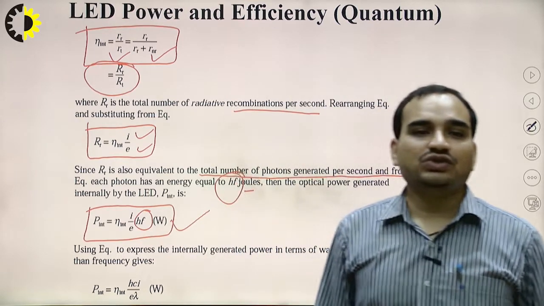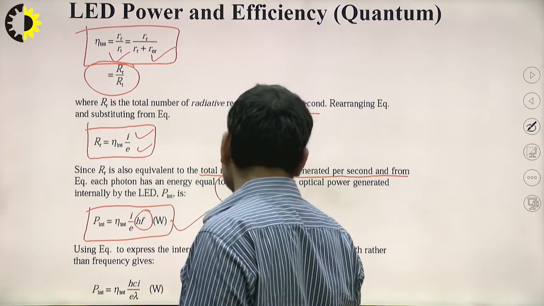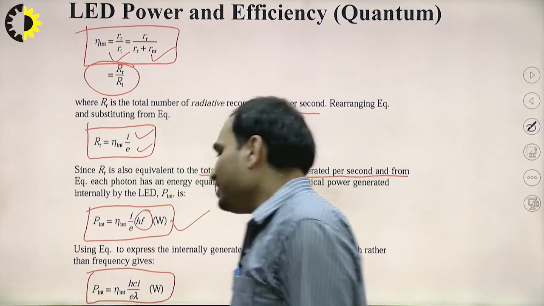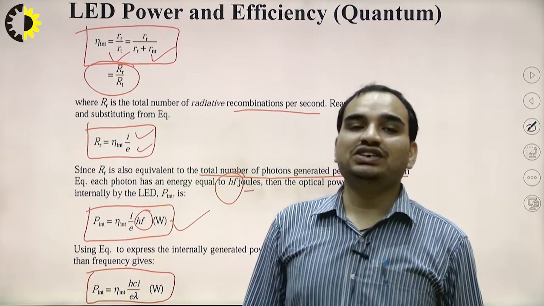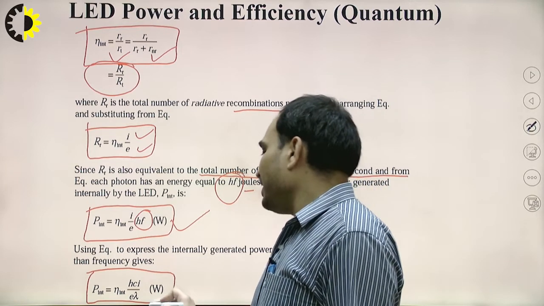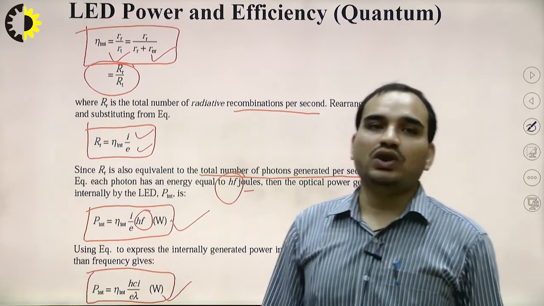Using this equation to express the internally generated power in terms of the wavelength rather than the frequency, we get the internal power equal to the internal efficiency η_int multiplied by the current, divided by the electron charge, multiplied by hc over the wavelength. So we are getting the power in watts.